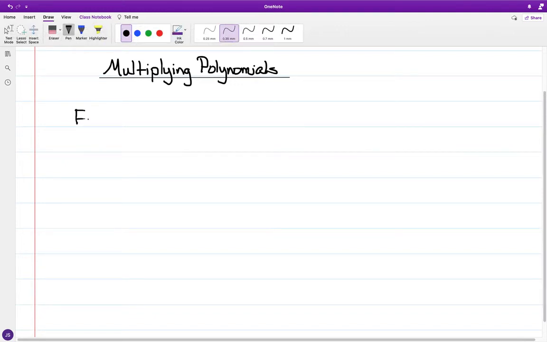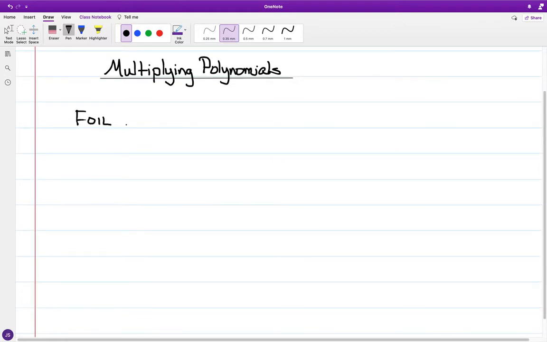Some of the material you might have seen very recently, or it might have been a while since you became acquainted with it, and you're looking at becoming reacquainted. Looking at multiplying polynomials, we have a common technique, which is the FOIL method.